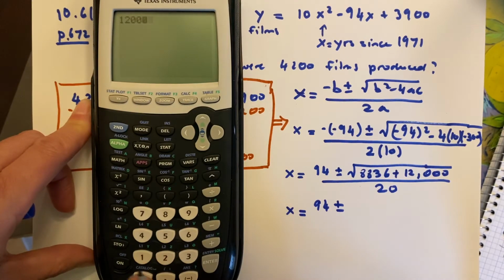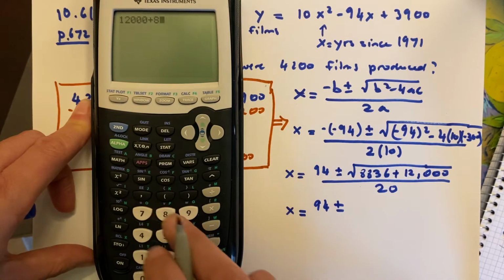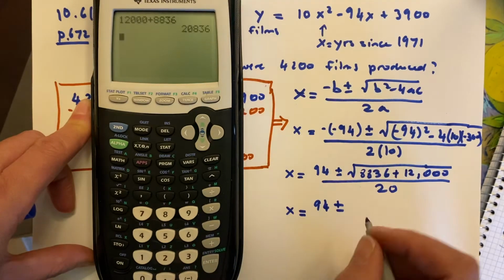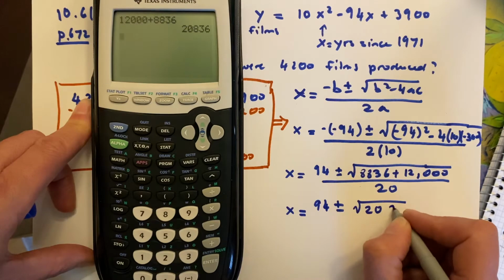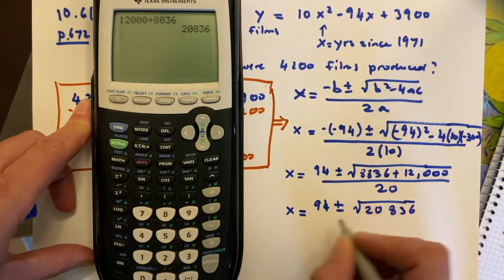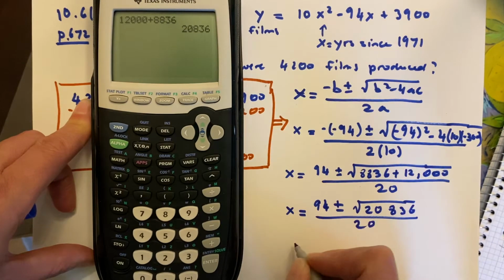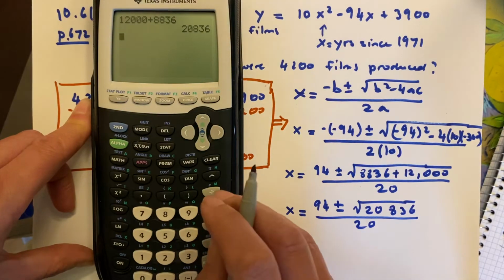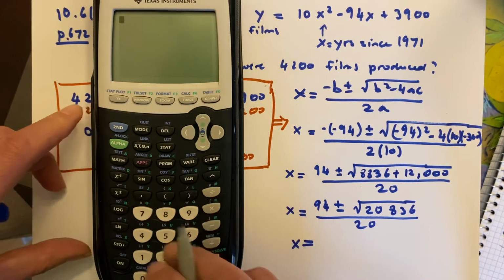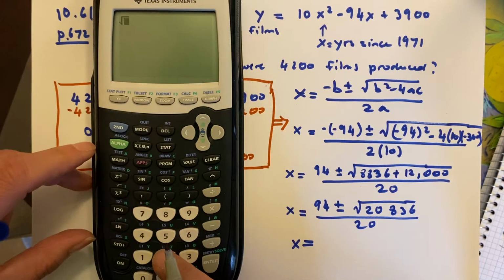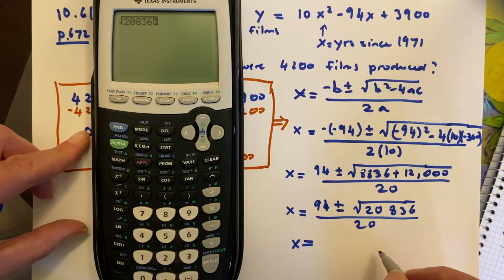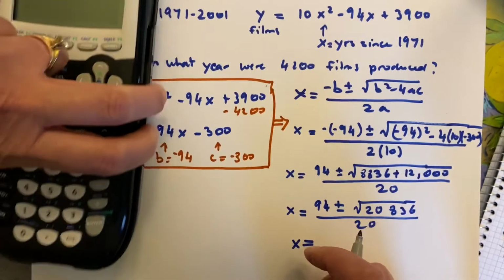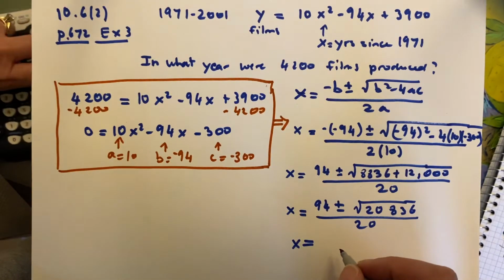x equals 94 plus or minus, well, 12,000 plus 8836 gives me the square root of 20,836 over 20. Because I'm going to have two answers here, I'm going to write them here.